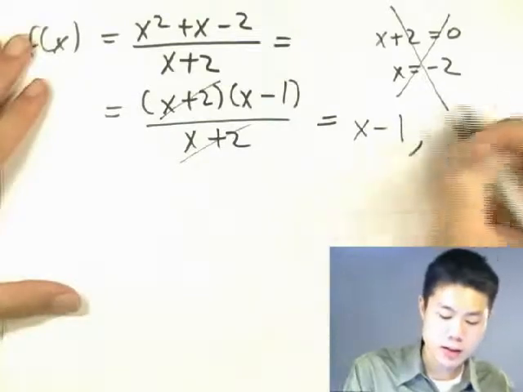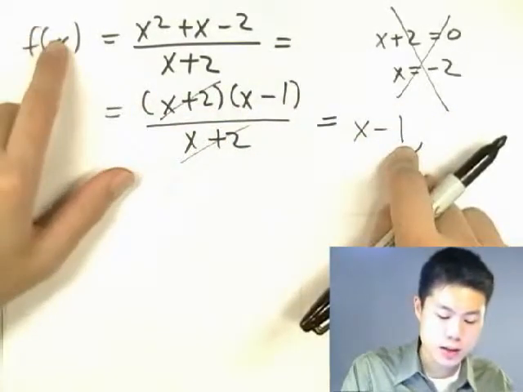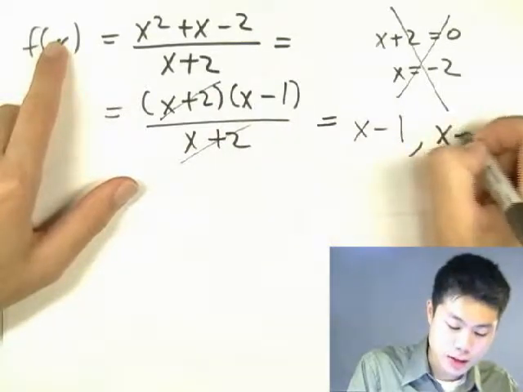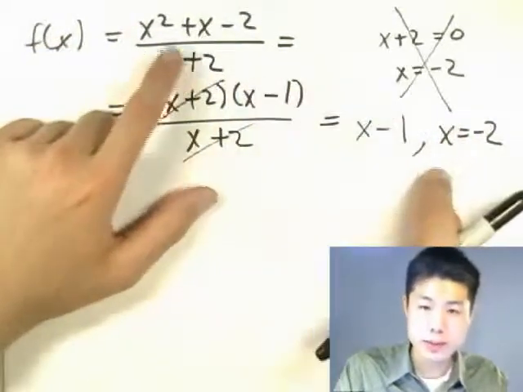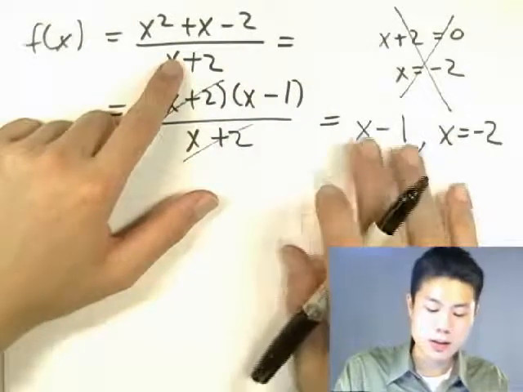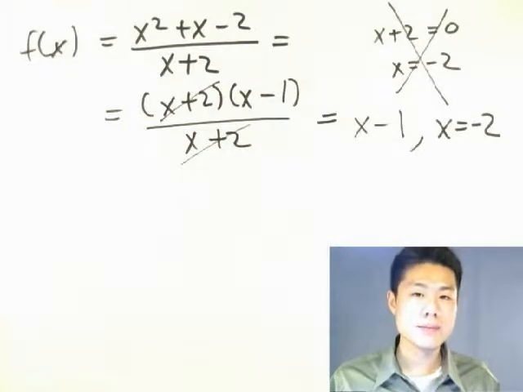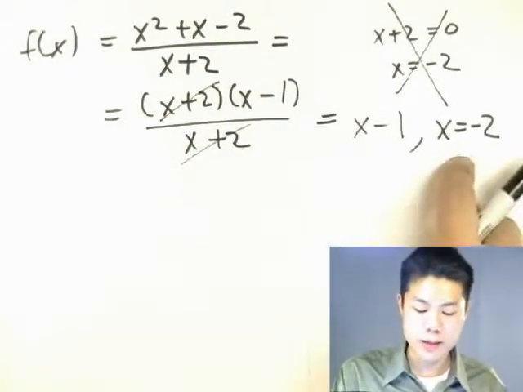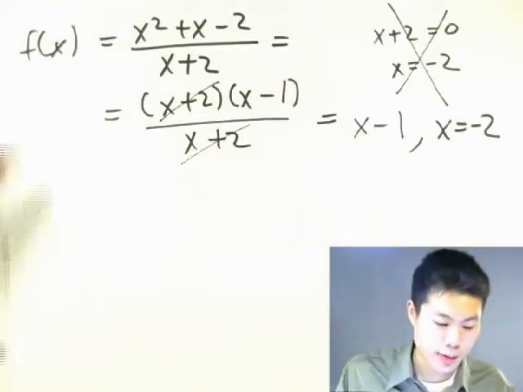Now one thing here, if we redefine this, we have to keep in mind that this new function is not defined at x equals -2. So in order for these two things to be equal to each other, this function here and this function here, they're the same at all but one point. And the point at which they're not the same is x equals -2.